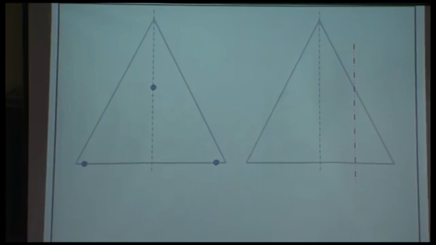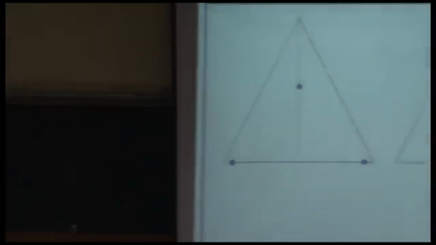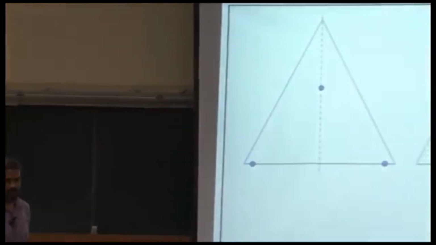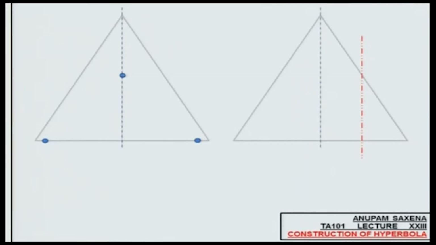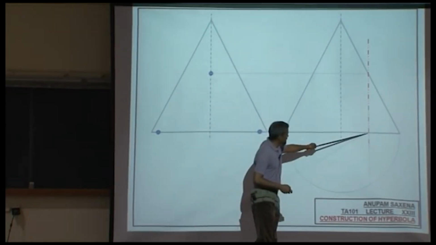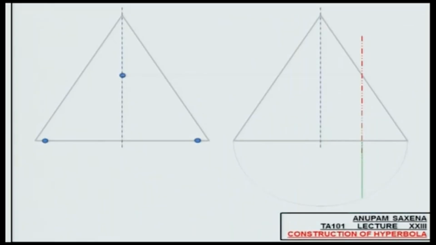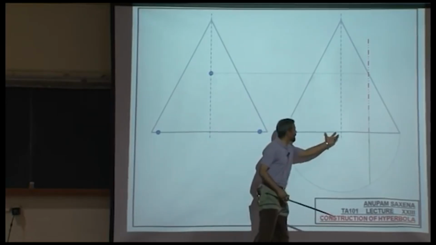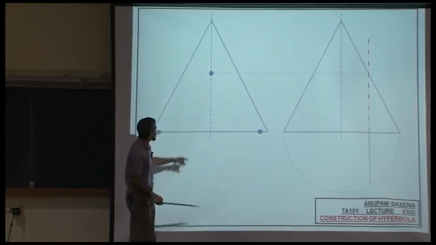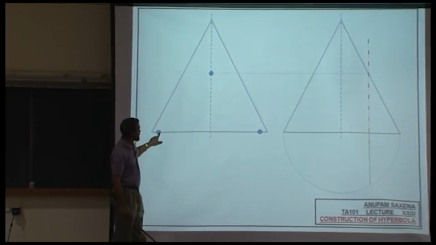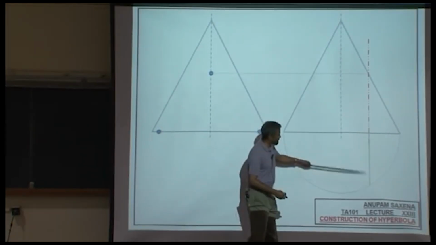So we have a cone, and a plane that cuts the cone, and imagine that these 3 points happen to be a result of this process. The first point over here is obviously the intersection between the cone and the plane. To get these 2 points, we draw the base of the cone, we project this intersection point down over here, we measure this distance, and if we rotate this cone by 90 degrees, these 2 points are going to lie away from the axis of the cone by the same distance on both sides, right?